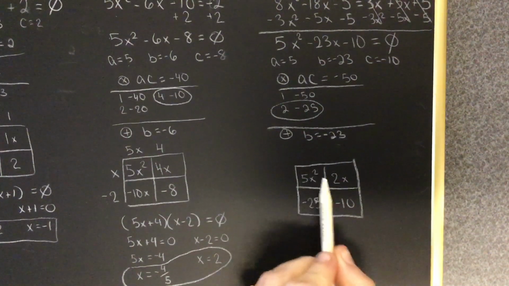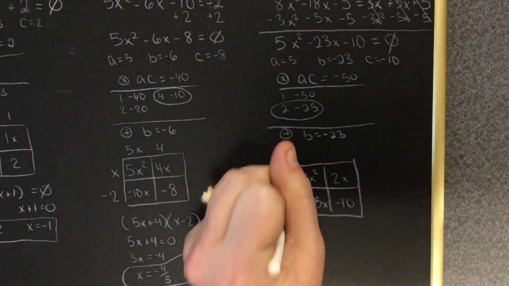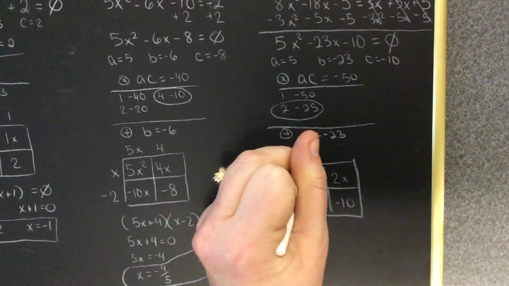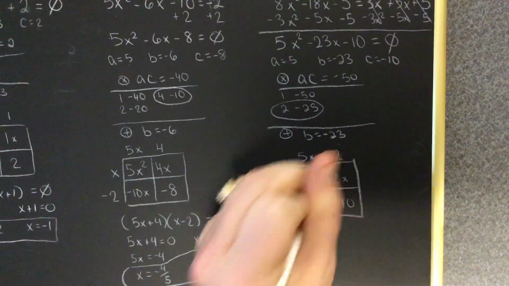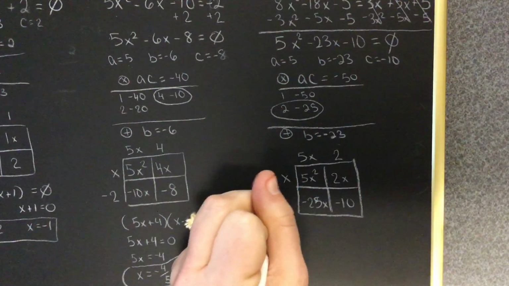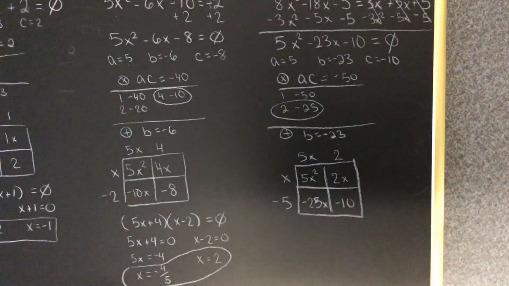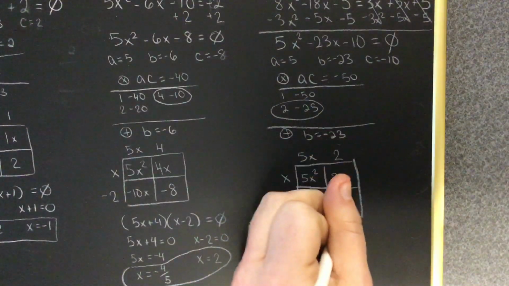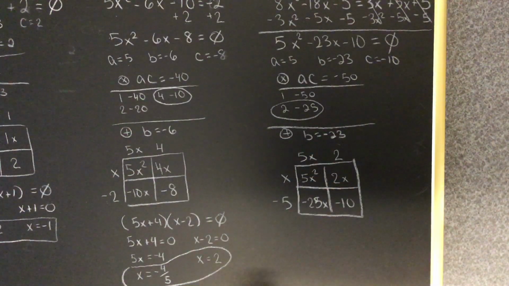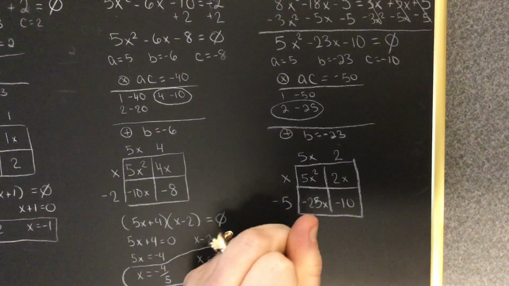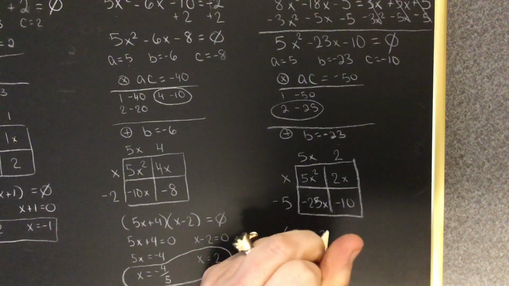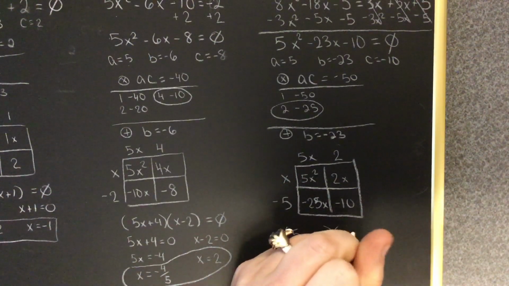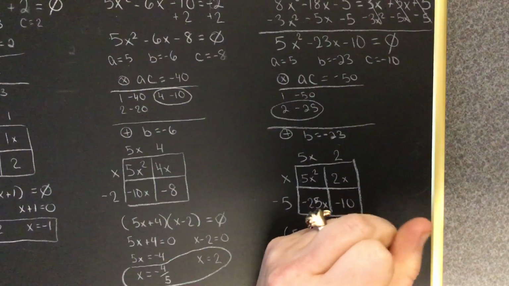So 5x squared and 2x only have an x in common, which means I have a 5x here and a 2 here. 5x times negative 5 will give us negative 25x, and negative 5 times 2 gives us negative 10, so we know it's good. So now we have 5x plus 2 times x minus 5 is equal to 0.